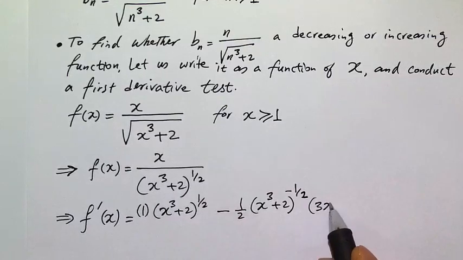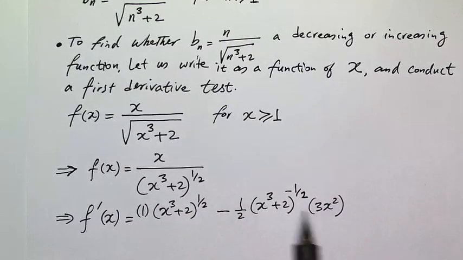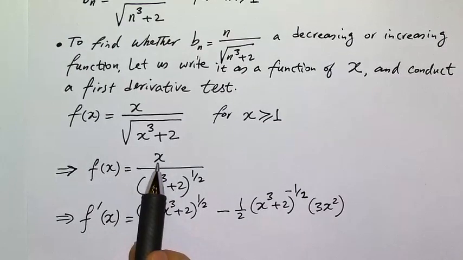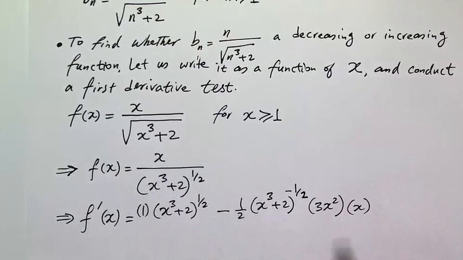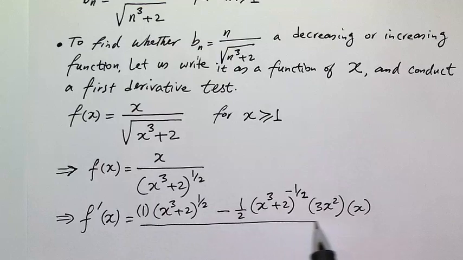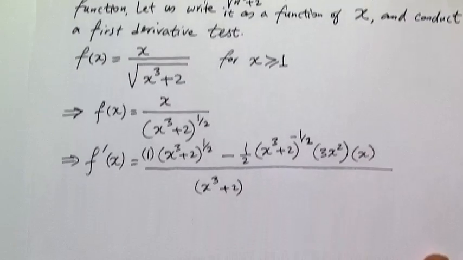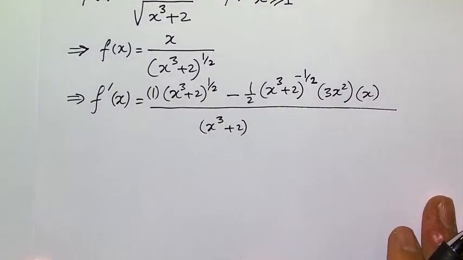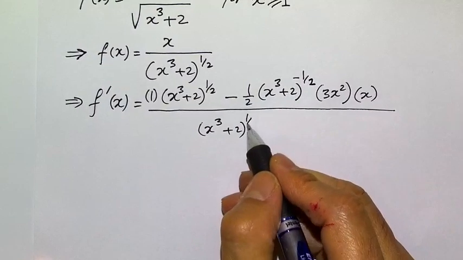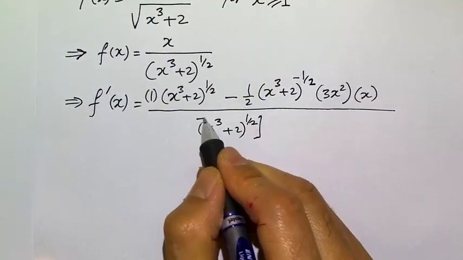So 3x squared is the derivative of the denominator times the term in the numerator. All of that divided by all of this squared, so (x cubed plus 2) to the 1/2 power, squared.